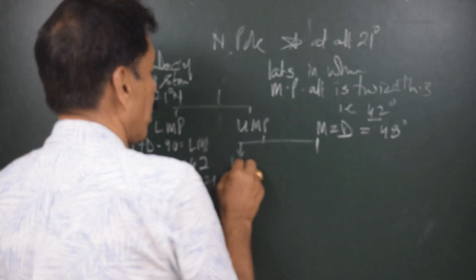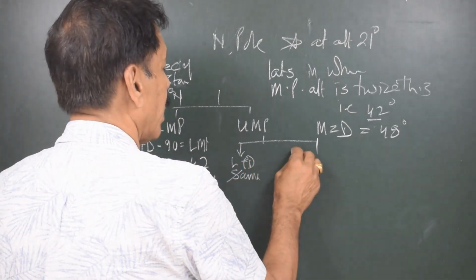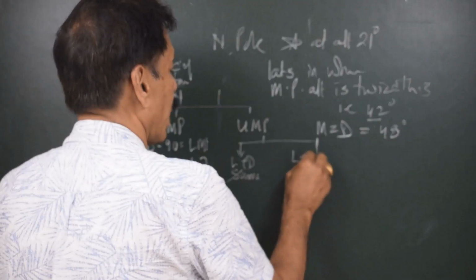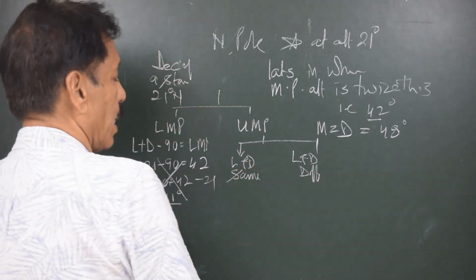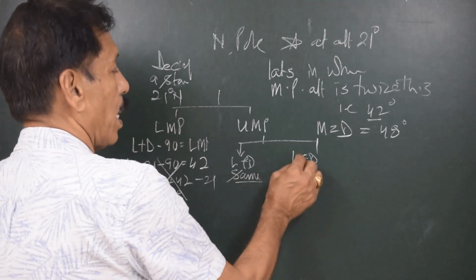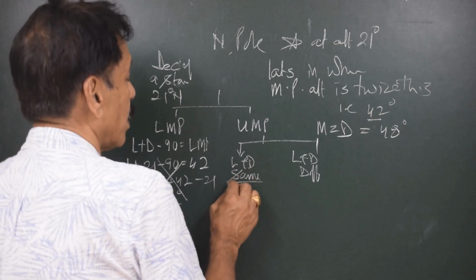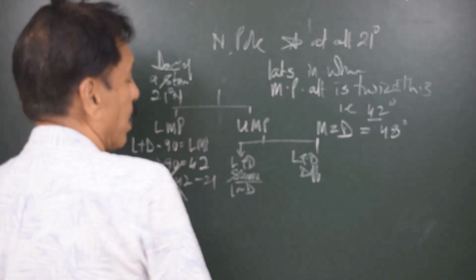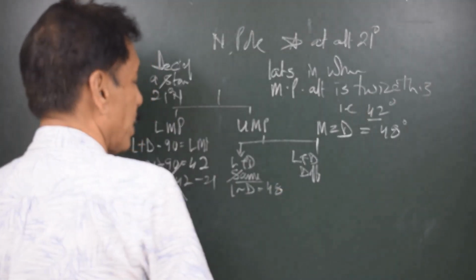Upper meridian passage, there are two situations. One is latitude and declination, same name, and other one is latitude and declination, different name. When the latitude and declination are same name, the difference, and when latitude and declination are different name, the sum. So difference, it is L difference D, which should be equal to meridional zenith distance, that is 48 degrees.